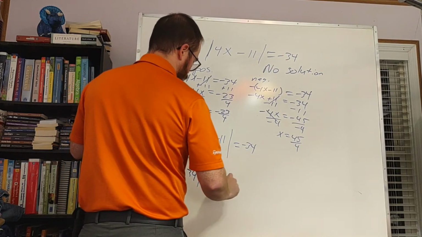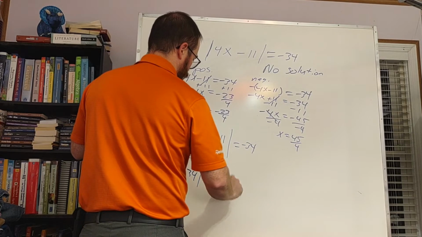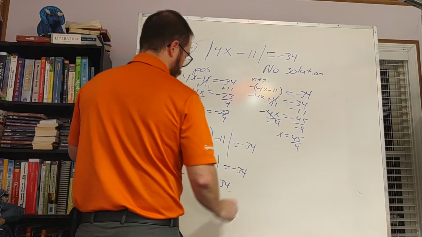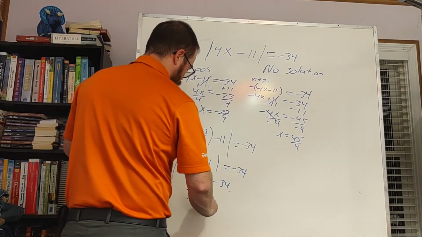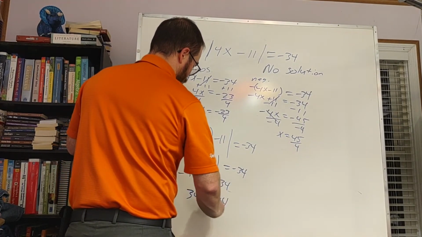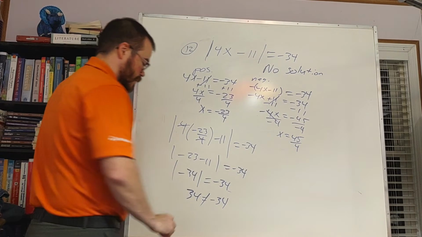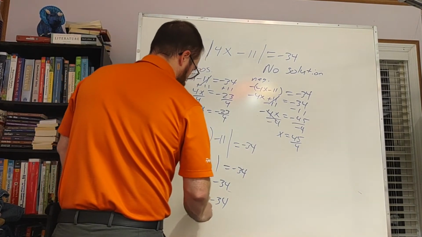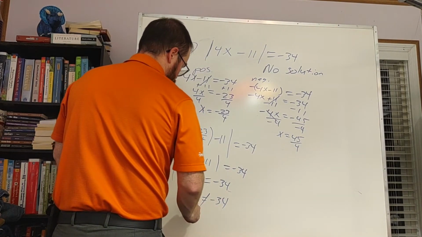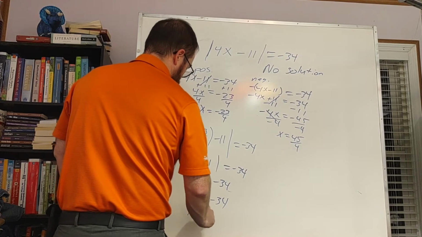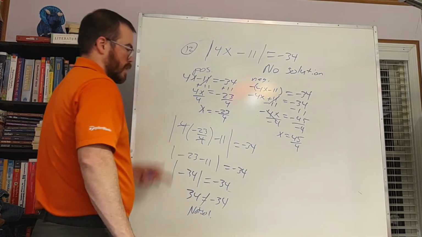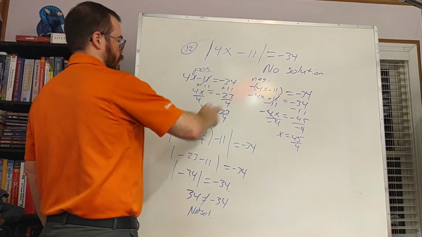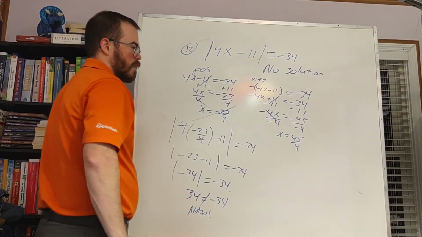So it should equal negative 34. But if you take the absolute value of negative 34, you get positive 34. So this is not true. This is false. Okay. So we're thinking it's not equal. So we're saying not a solution on that one. So if that's not a solution, we have to throw it away. So we're like, that's not going to work.